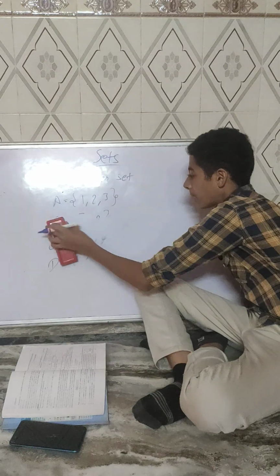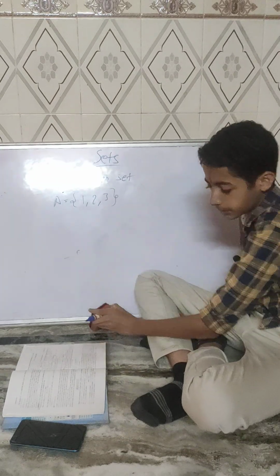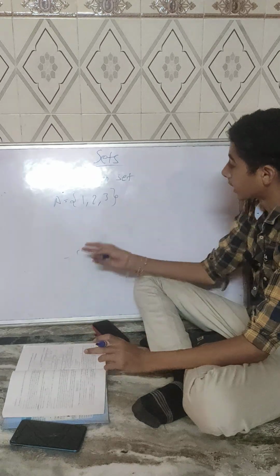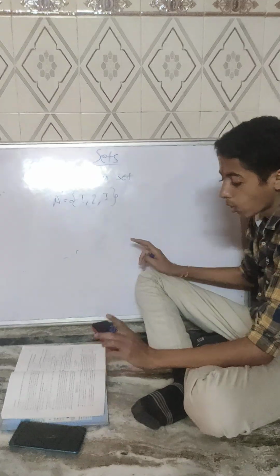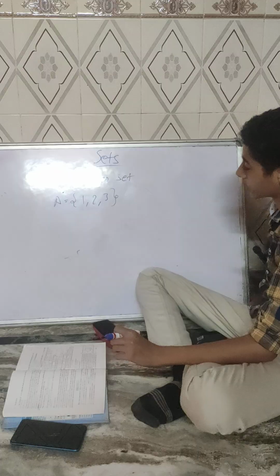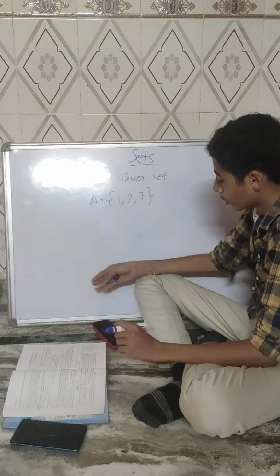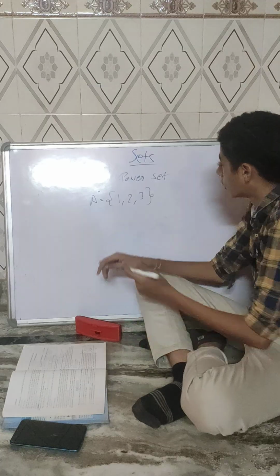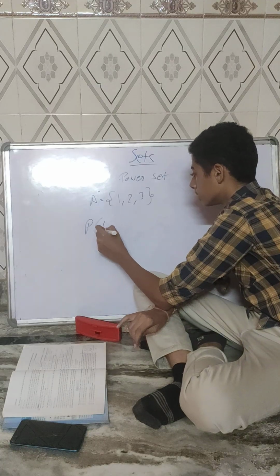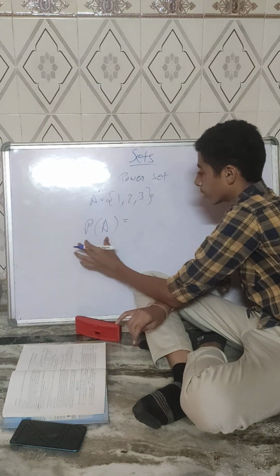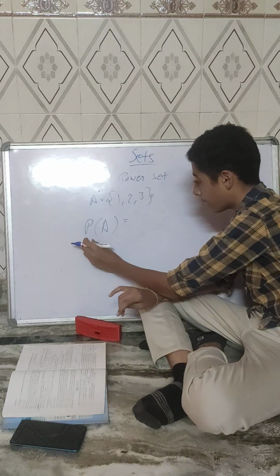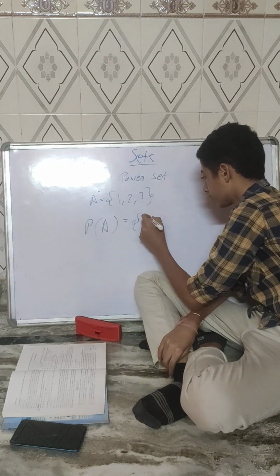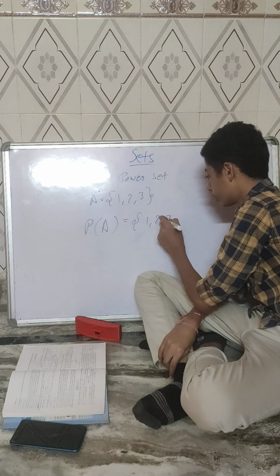So what is a power set? As the definition suggests, the collection of all subsets of a set A is called the power set. So we have to write all those 6 subsets in the power set of A. We will represent it like this: power set of A. The set will become 1, 2, 3.